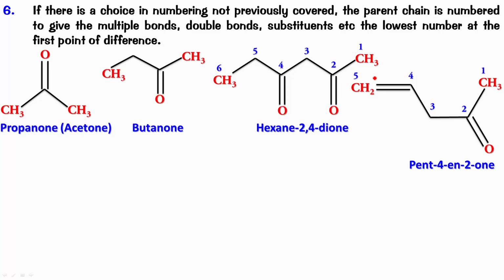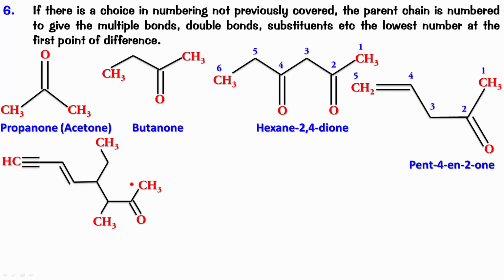And this is the last example. Check out this one. Parent chain, first identify the parent chain, pause the video, write it down, play it back. So here we go. The parent chain is this one, the one which contains the carbonyl carbon as well as the maximum number of multiple bonds. Number it obviously from the right side to give the ketone carbon the lowest number, 4, 5, 6, 7, 8.